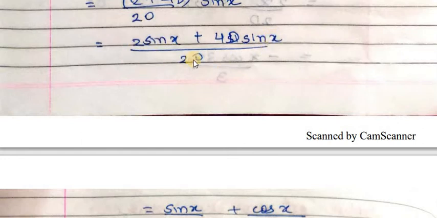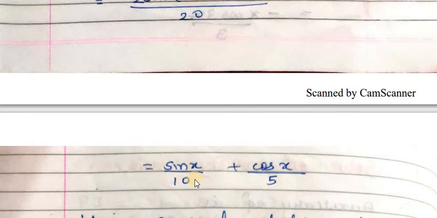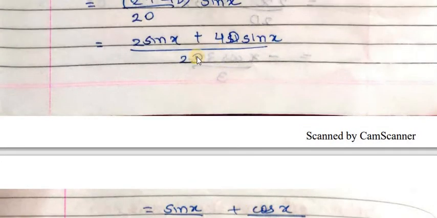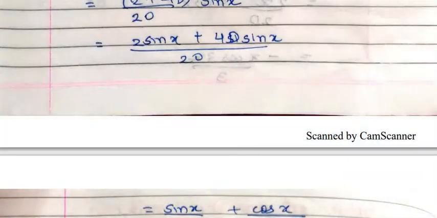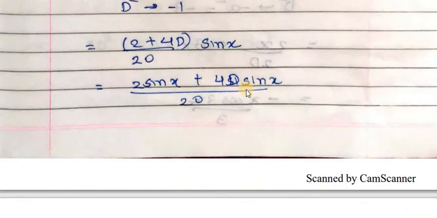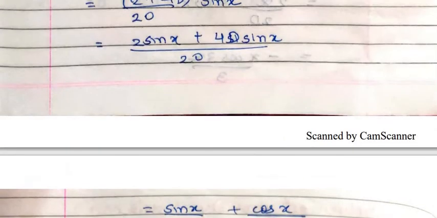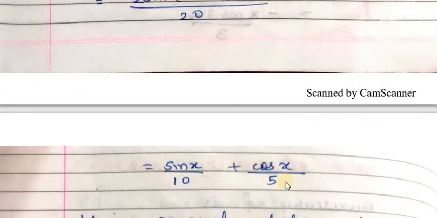So dividing 2 sin x by 20, we have sin x by 10, and this 4 by 20 will become 1 over 5, and the derivative of sin x is cos x.